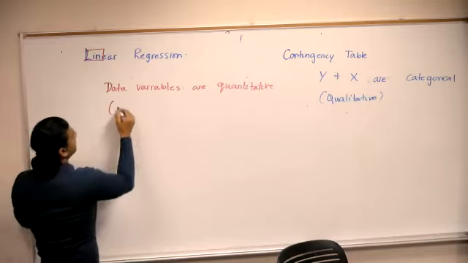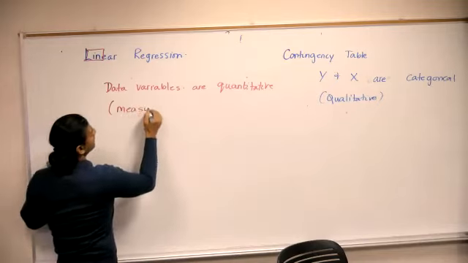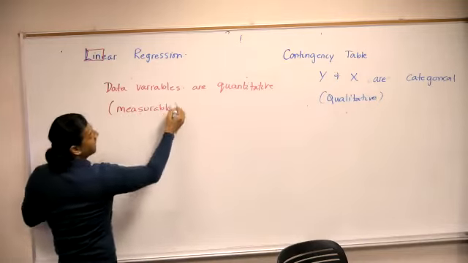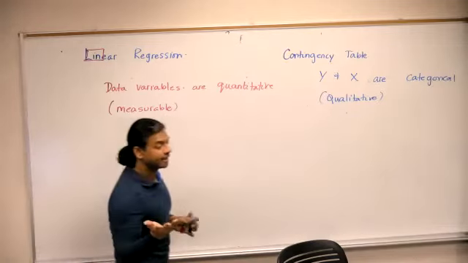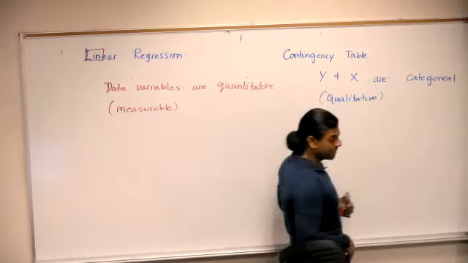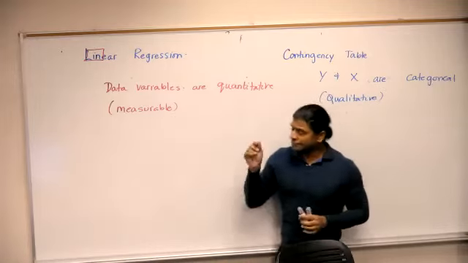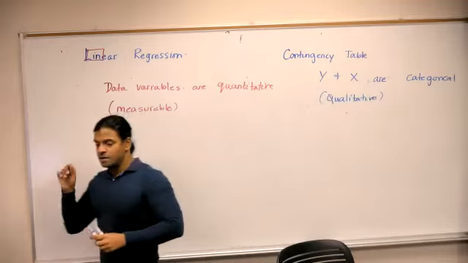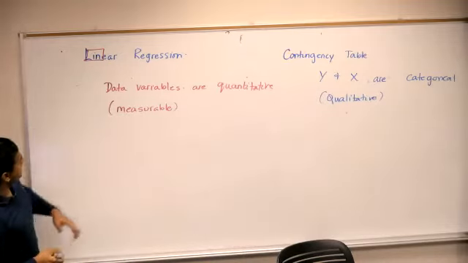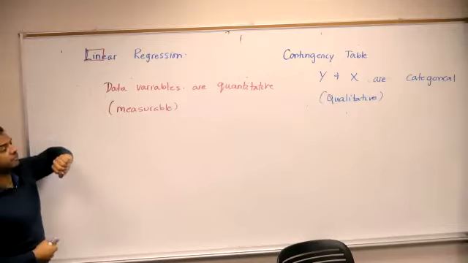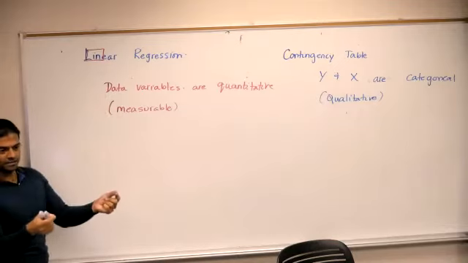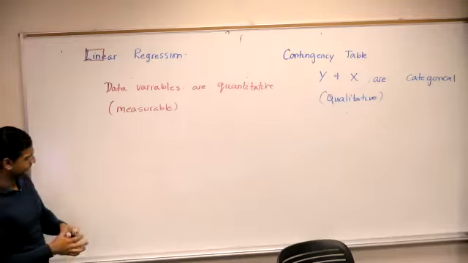So data are measurements, measurable. Height, weight, blood pressure, heart rate, all of these can be measured. So if the data variables are quantitative, then we have to use linear regression to determine the connection between two variables.